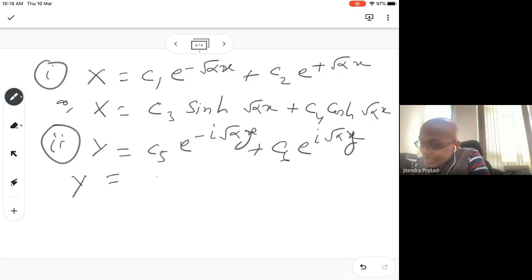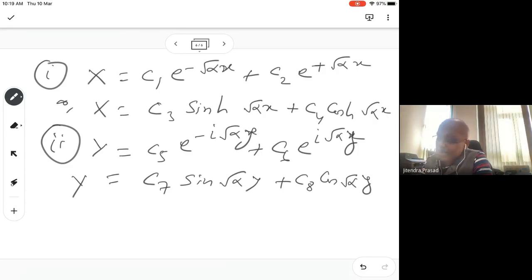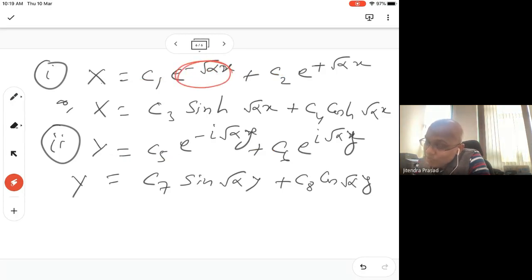You can write y equal to C7 sine root alpha y plus C8 cos root alpha y. Either you can write like this one or this one. Here, since alpha is a positive number, there will be exponential terms only. Here, with the imaginary term, you will have the sinusoidal term only. So we will choose these two forms because they are easy to work with.